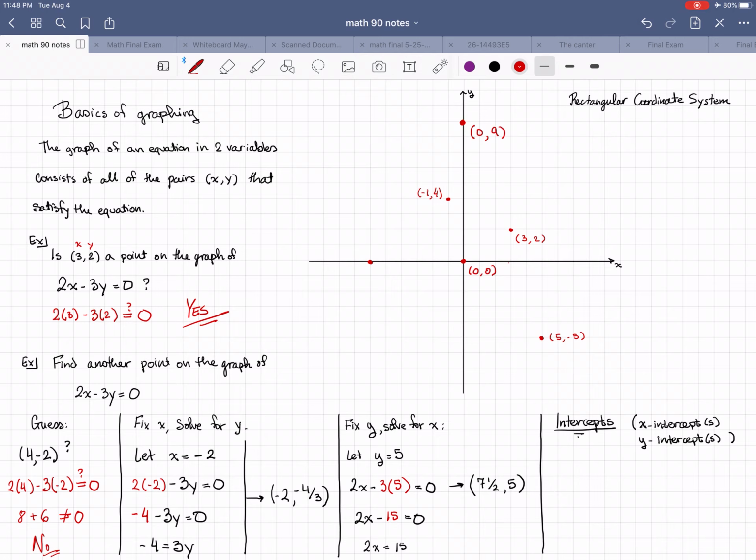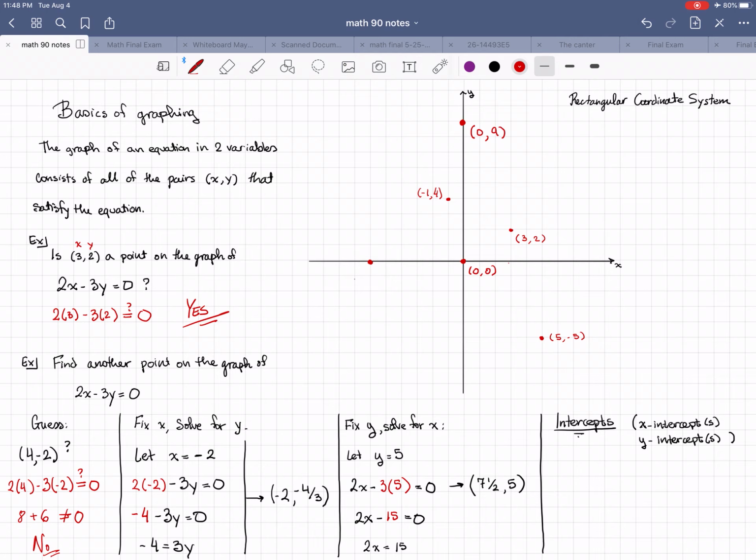By that same token, let's think about a point that's on the x-axis, like this one, okay? So again, you'll notice that if you were to describe how you got to this point from the origin, you didn't move up or down at all. You only moved in the horizontal direction. So again, the y-coordinate of the origin is 0, and you did not move up or down from the origin, which means that you did not change the y-coordinate.